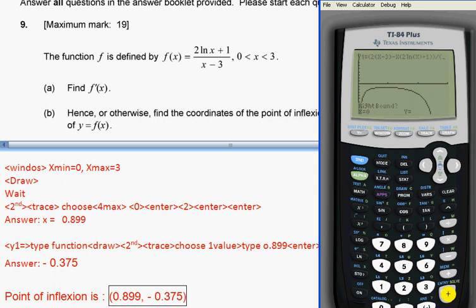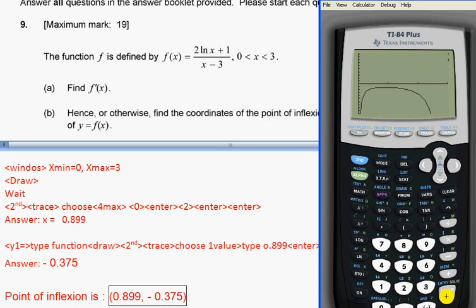Guess, it doesn't care what is guess, and here we have the answer. So the maximum is found at x equals 0.899.